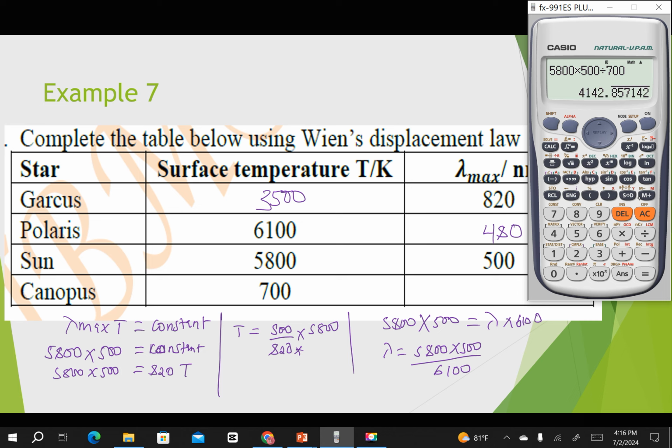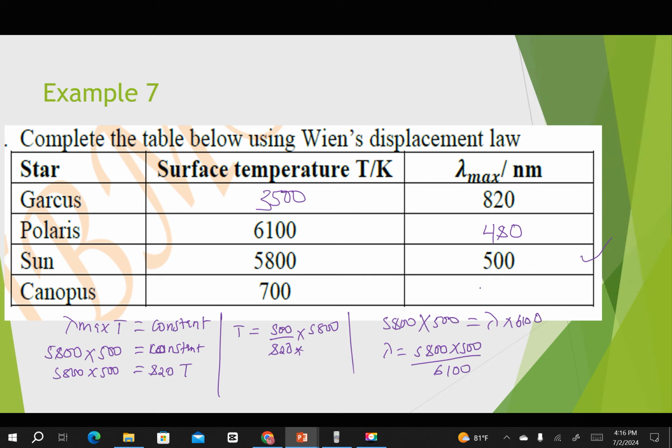So this is giving me two significant figures to be 4,100. So I think that is a simple table to complete. Okay, so that was Wien's displacement law.